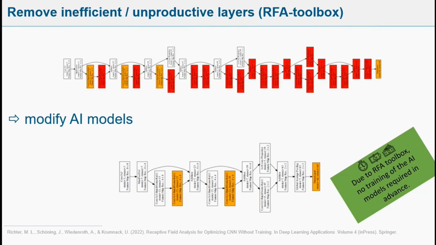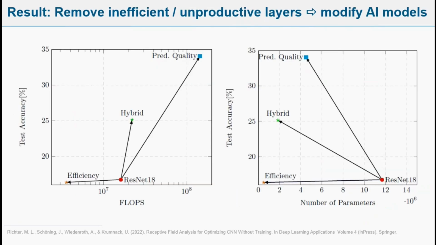And does this have any advantage? We show that by applying this toolbox on ResNet 18, we can reduce the amount of flops needed for the training with a little drop of accuracy.